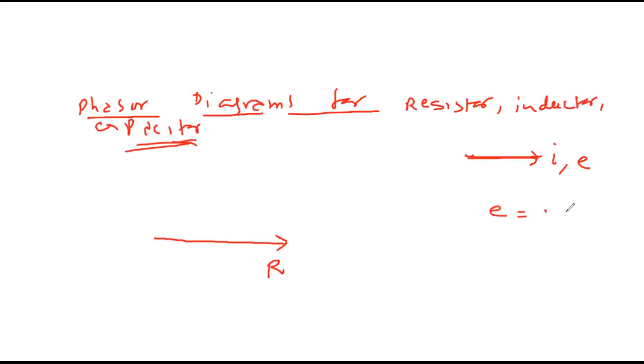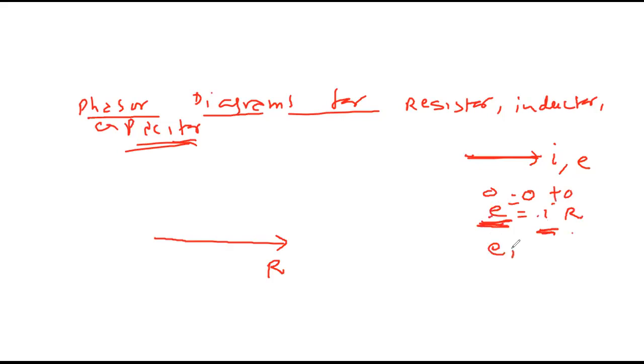That means if E is IR, this is making 0 degree with horizontal. This is also making 0 degree with horizontal. R will also make 0 degree with horizontal. That is, it is in phase with E and I. So we take R as reference.